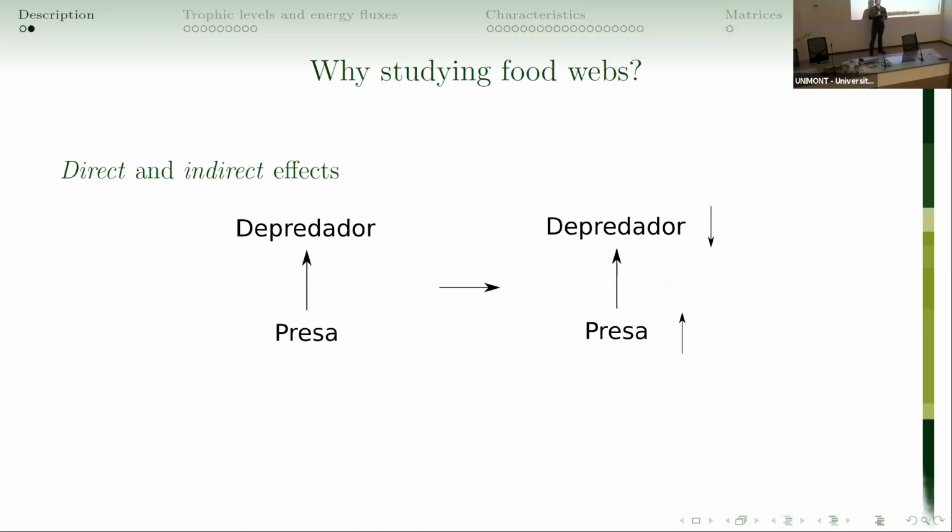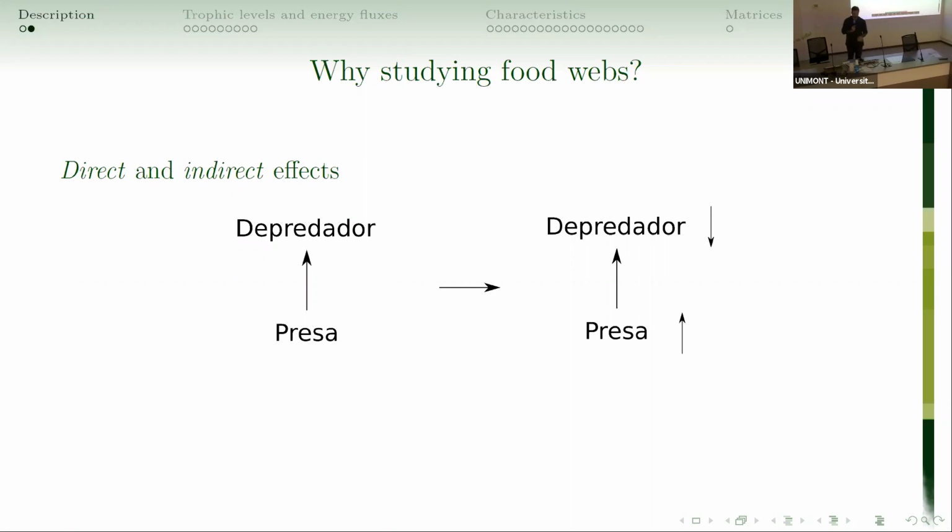What we would expect, and what the normal predator-prey models of Lotka-Volterra explain, is that when the abundance of predators decreases, the prey abundance would increase because there are fewer predators. Or the other way around: if there are more predators, there is less prey. And this makes a cycle.